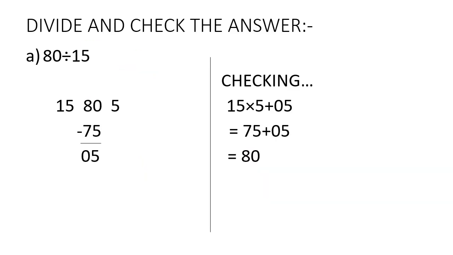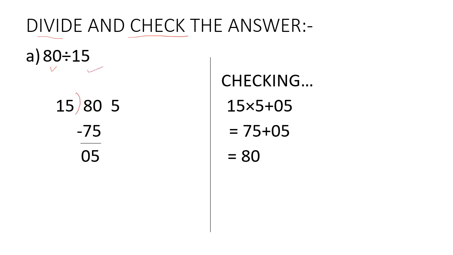Now children, our next question is divide and check the answer. So first you have to divide and then you have to check your answer whether it is correct or not. So the question given to us is 80 divided by 15. Here 80 is our dividend and 15 is our divisor.